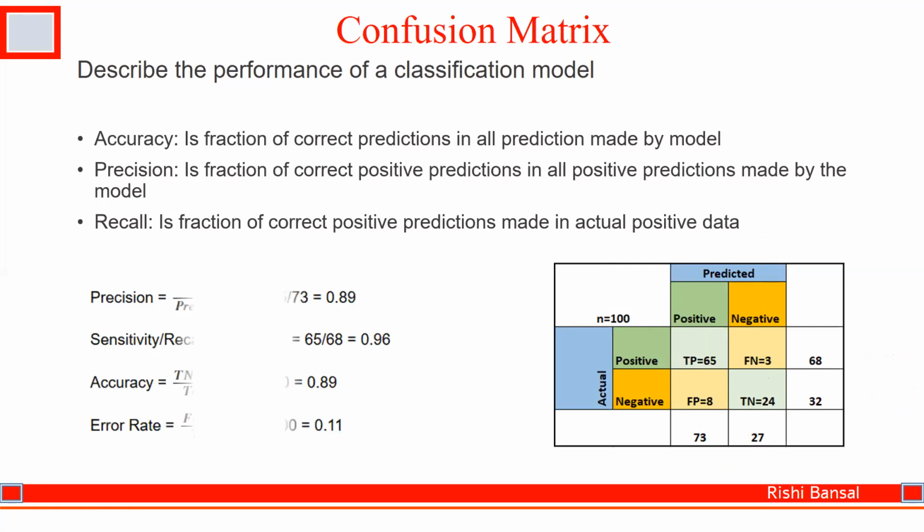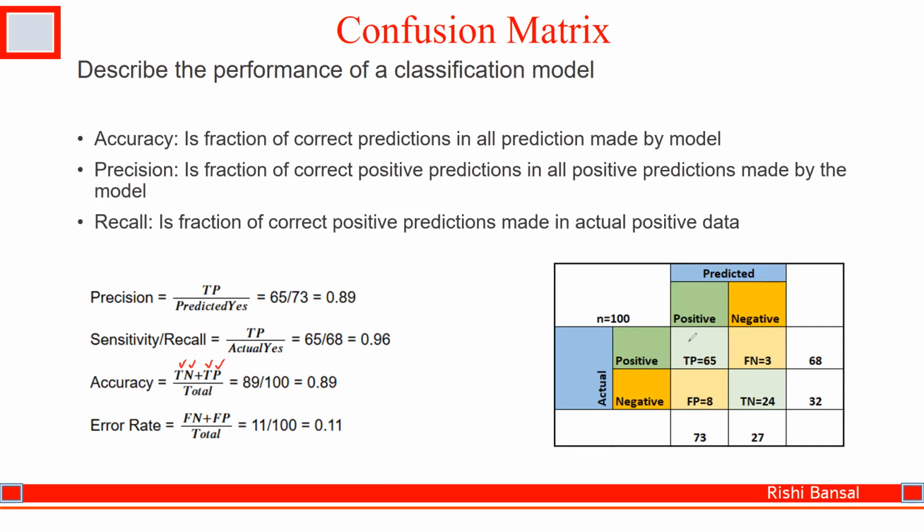Now there are certain terms. One is accuracy. What is accuracy? True negative plus true positive. These are the things which you predicted correctly.